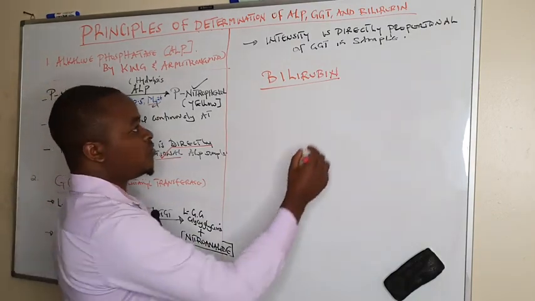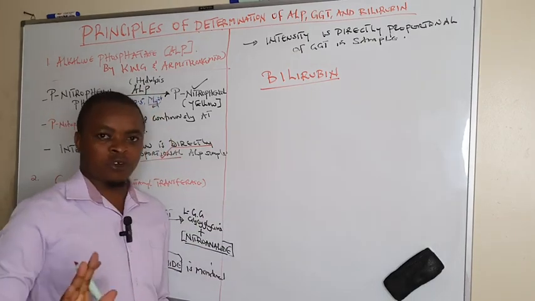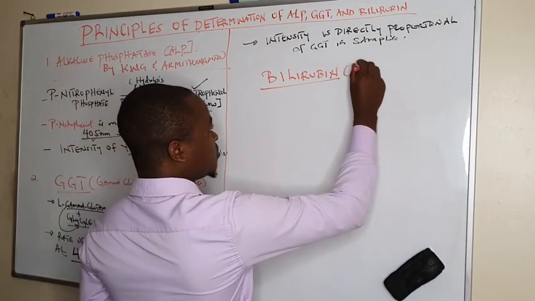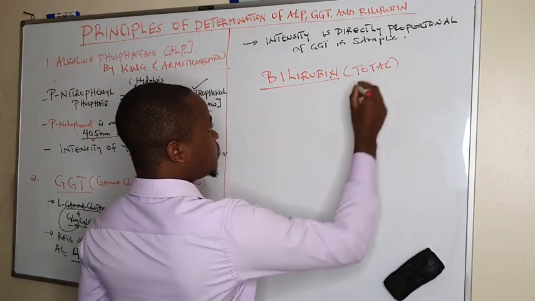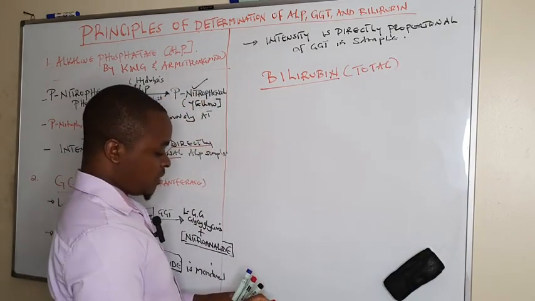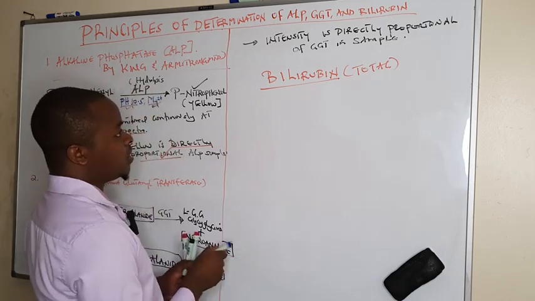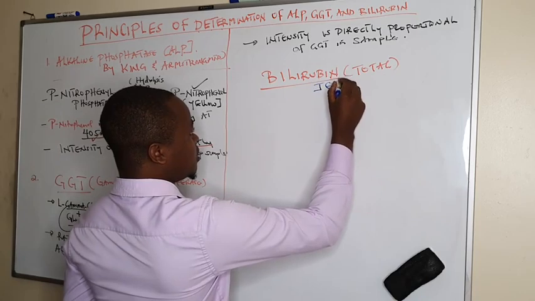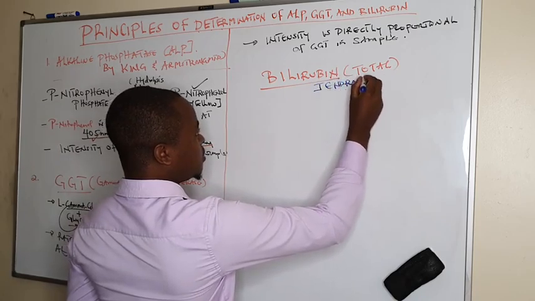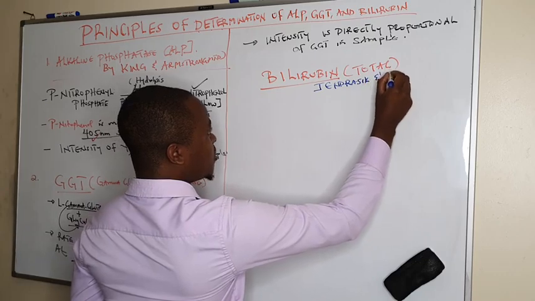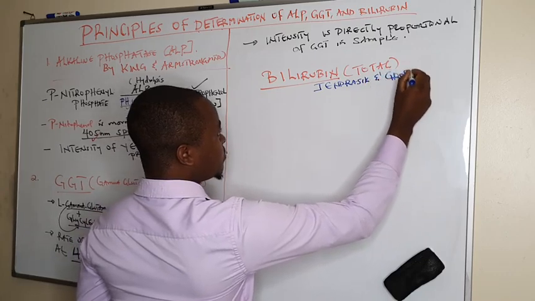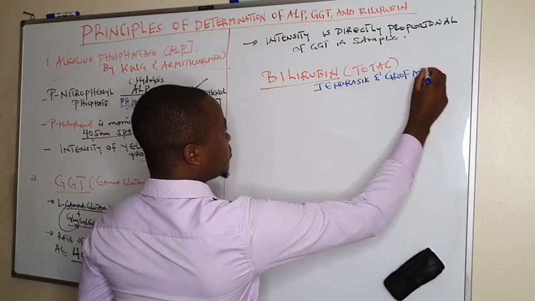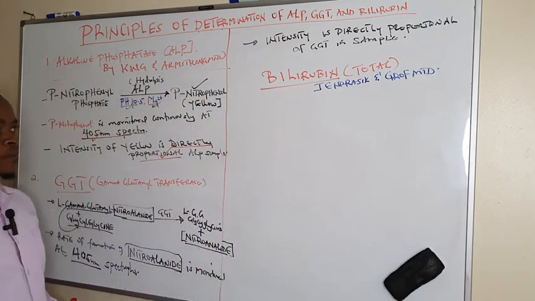So this first one, we are going to see how do we determine total bilirubin. This is for total. And this method is known as the Jendrassik and Grof method. That is how it is known.